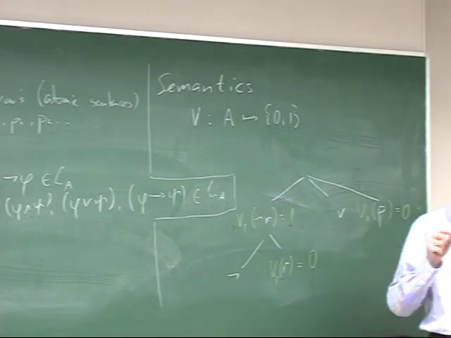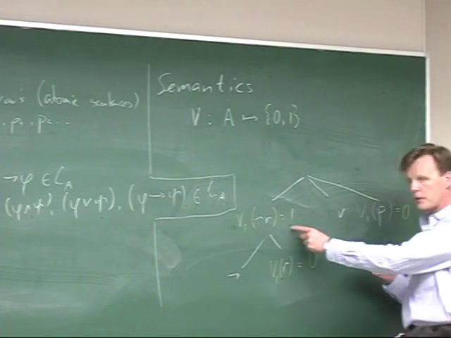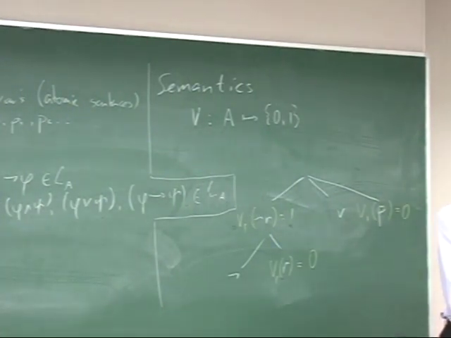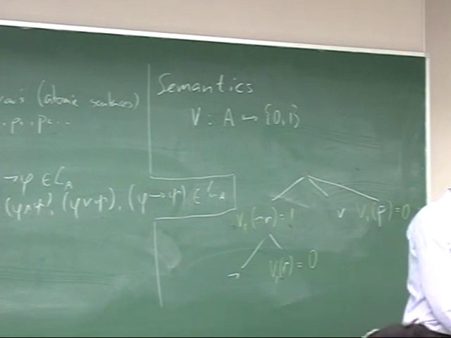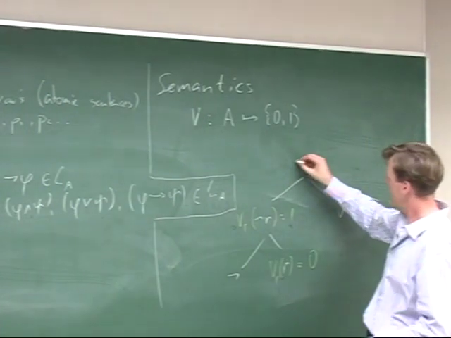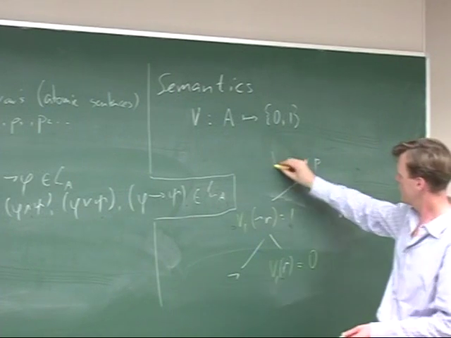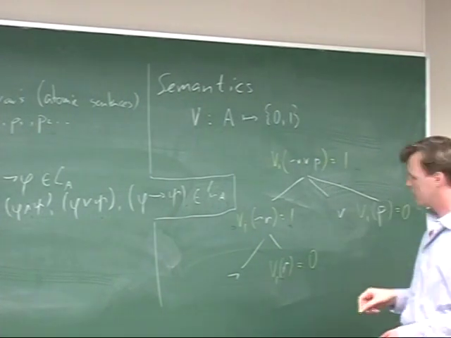We can look this up for phi and psi. If phi has value 1, psi has value 0, the value of the disjunction is 1, that we see in the upper table, right? The line for 1 and 0. So we have not R or P, and this is true.